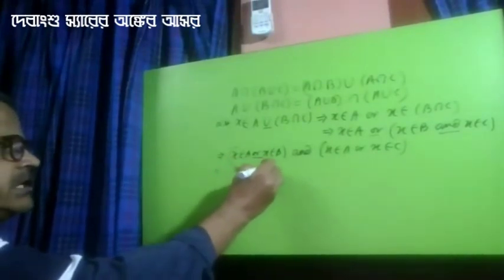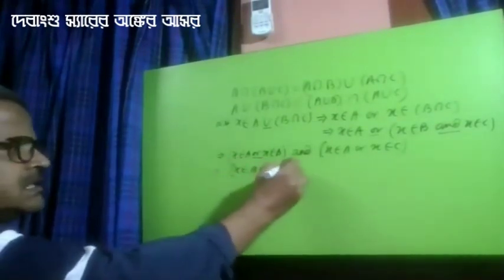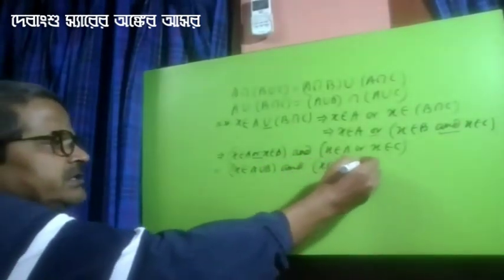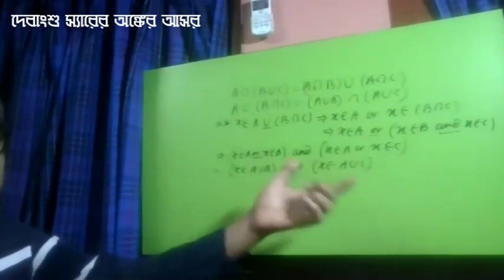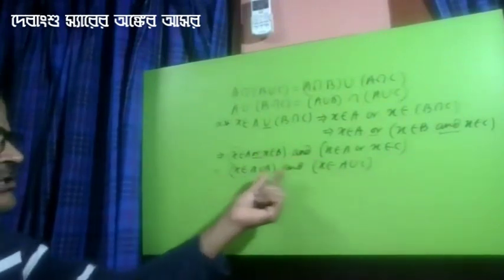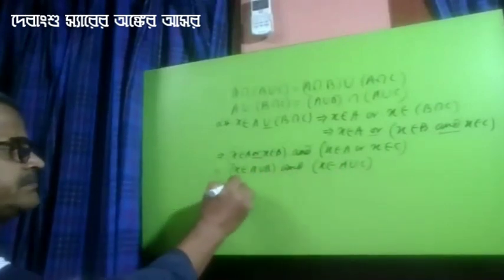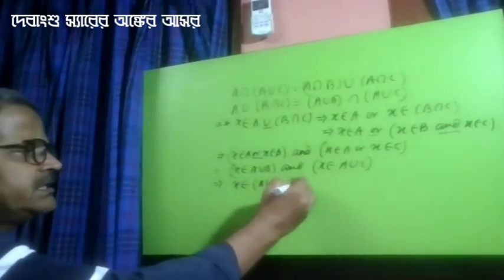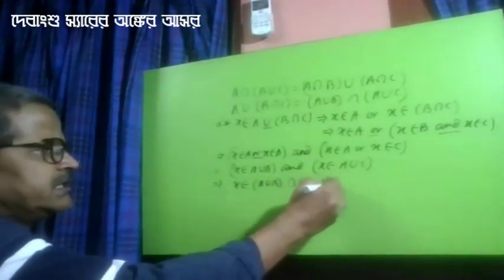X belongs to A union B and X belongs to A union C. Now see, and means intersection. X belongs to both these sets, and is in between. That implies X belongs to (A union B) intersection (A union C).